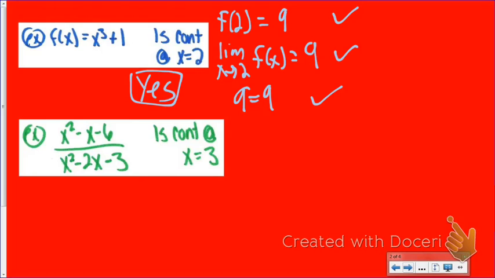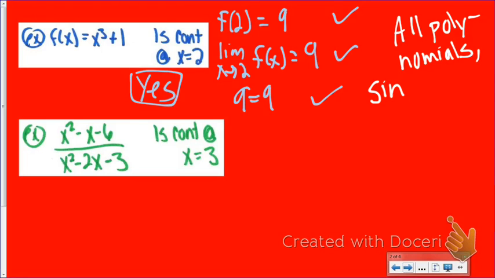In fact, that function is going to be continuous everywhere. And what's going to make this a little bit easier on you guys is all polynomials and even sine and cosine, and also your radical functions like the square root of x.